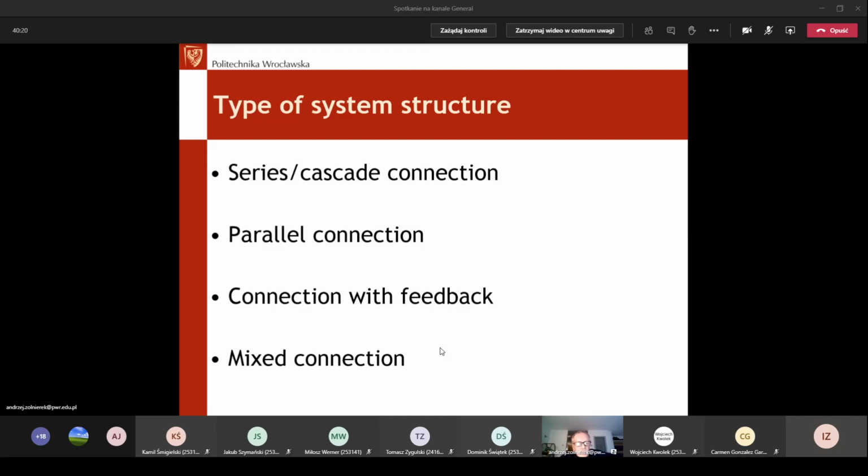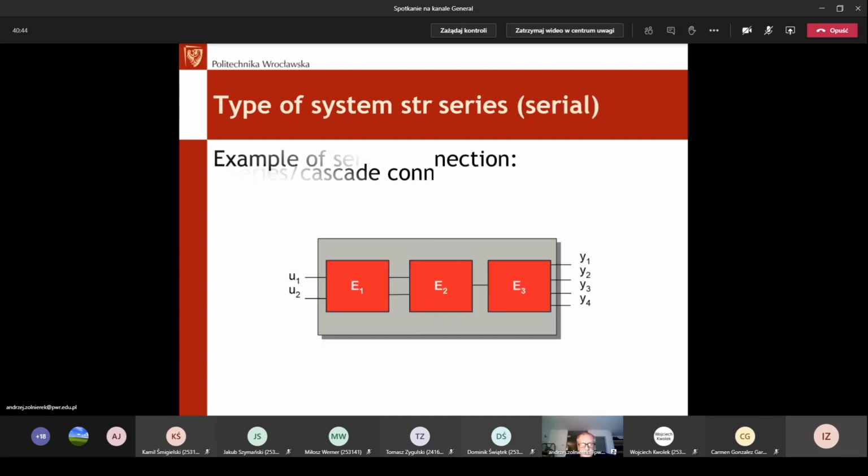And as you can see, we have, let's say, 3 types of connections. The first one, cascade, series, the second, parallel, and so-called connection with feedback. When we apply all these 3, we just get a mixed structure.